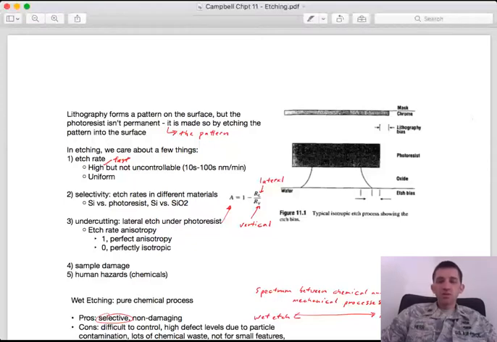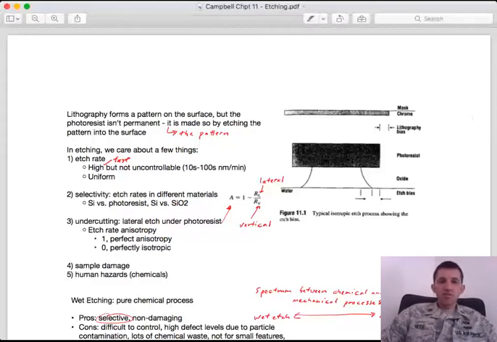There's really nothing preventing the etchant from etching laterally under the photoresist as it continues to go further down and remove the oxide layer. And so if you have an anisotropy of 0, perhaps, then it's isotropic and it's going to etch in any direction. It doesn't really matter. There's no directionality.